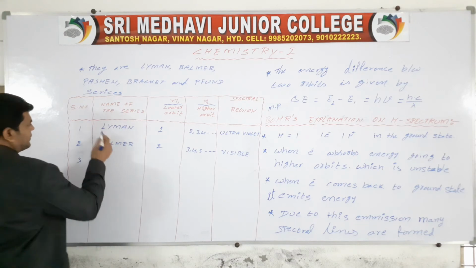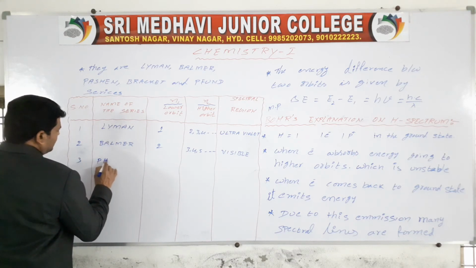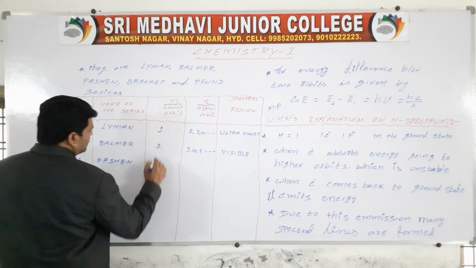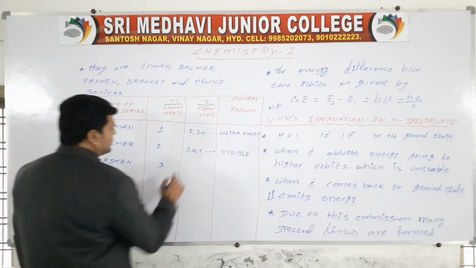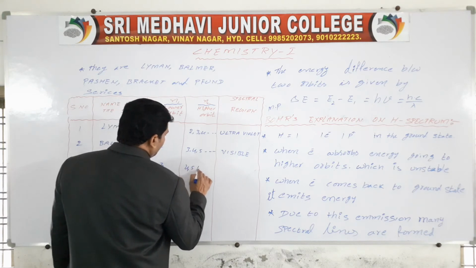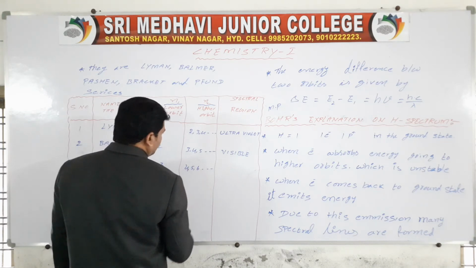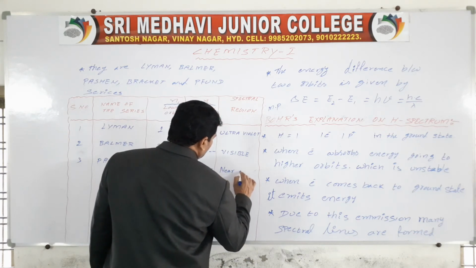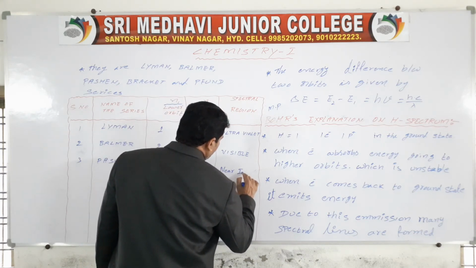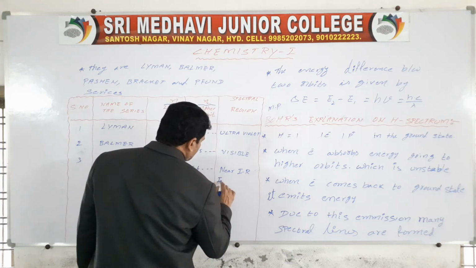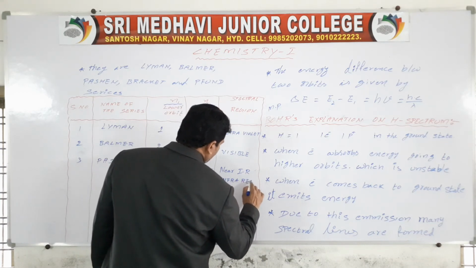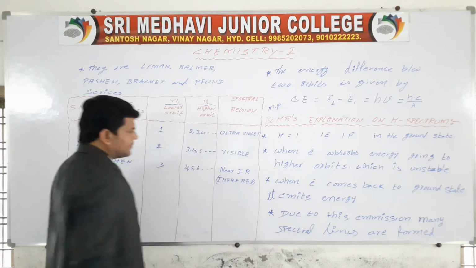Then third one, Paschen. N1 is 3, N2 is 4, 5, 6 and so on. It is near infrared, means IR. Okay.